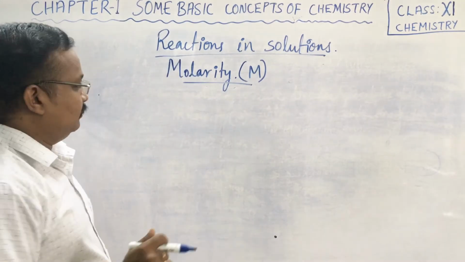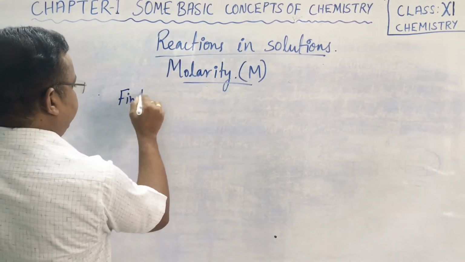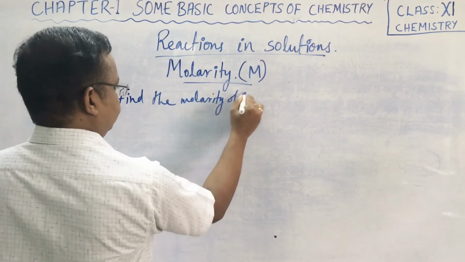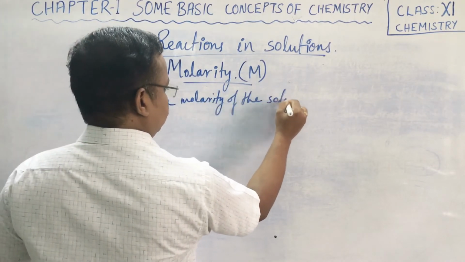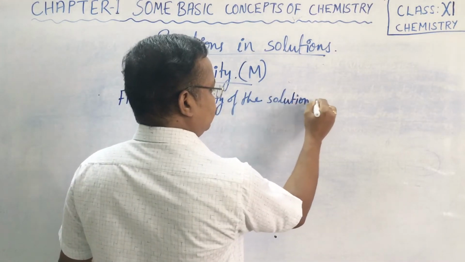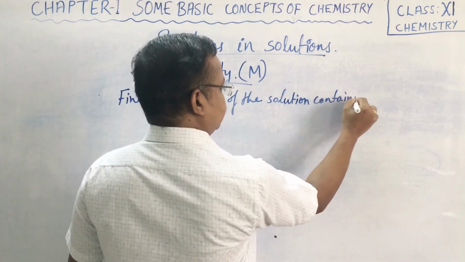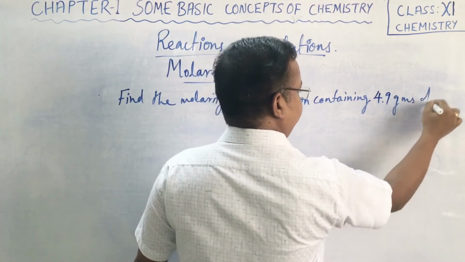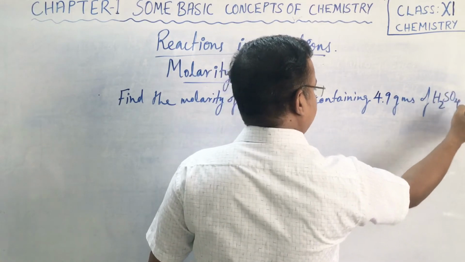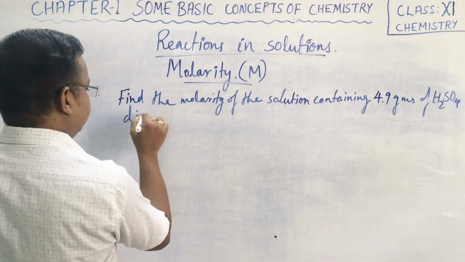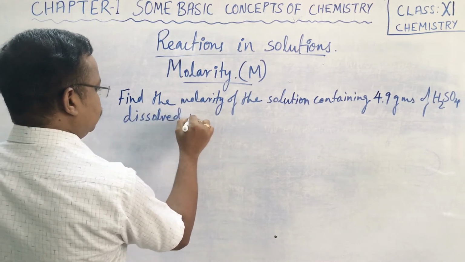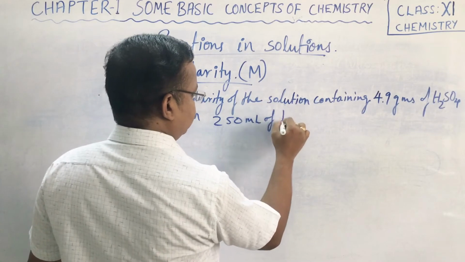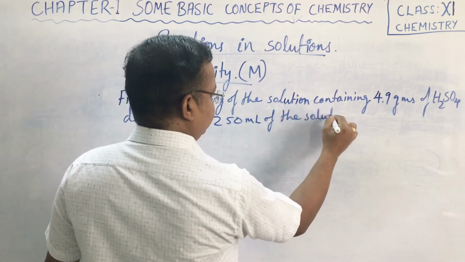Let us do an example. Find the molarity of the solution containing 4.9 grams of H2SO4 dissolved in 250 ml of the solution.